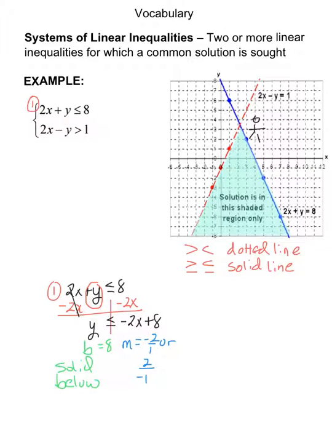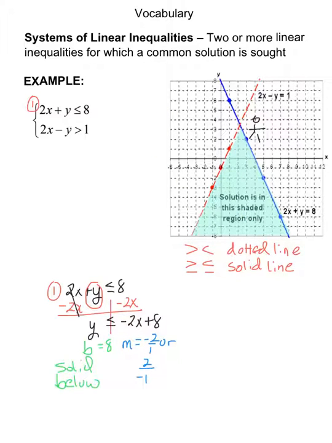If this were a mountain, you would have to stand on this side of the line, because if you stood over here, you'd be buried, right? So on this side of the line is where you bury things underground. This side of the line is where the sky and the sunshine is. So this is above the line. So if I am going less than, I want to shade below the line where things are buried.